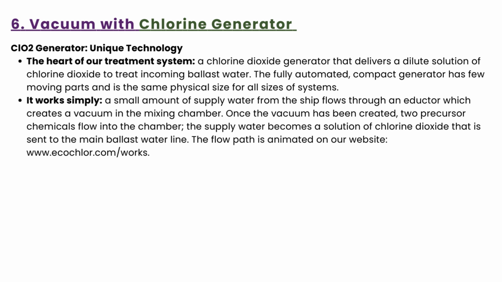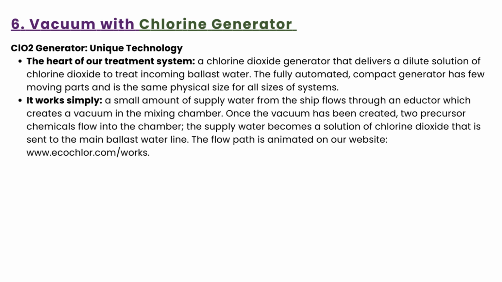It simply works like this: a small amount of supply water from the ship's flow goes through an eductor, which creates a vacuum in the mixture chamber. Once the vacuum has been created, two precursor chemicals flow into the chamber. The supply water becomes a solution of chlorine dioxide that is sent to the main ballast line. The flow path is animated on our website. We have a company called EcoChlor which is doing that.